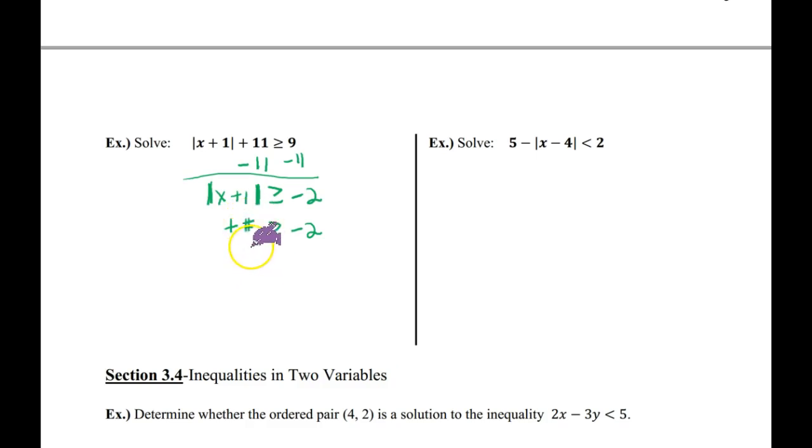When are positive numbers greater than negative numbers? They're always going to be greater than negative numbers. So this is always true. This is all reals. Anything I plug in there for x is going to make it true. In interval notation, that would be negative infinity to infinity. On a graph or a number line, it'd be everything.